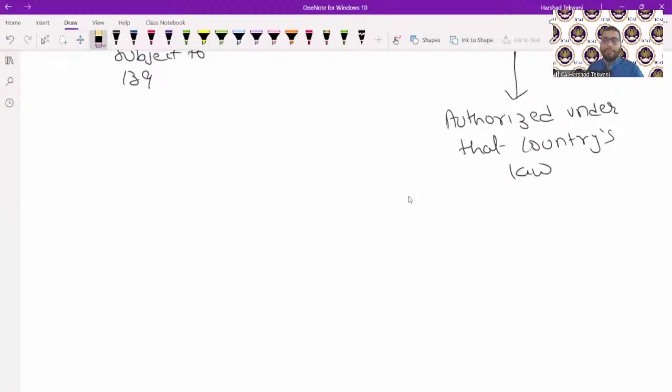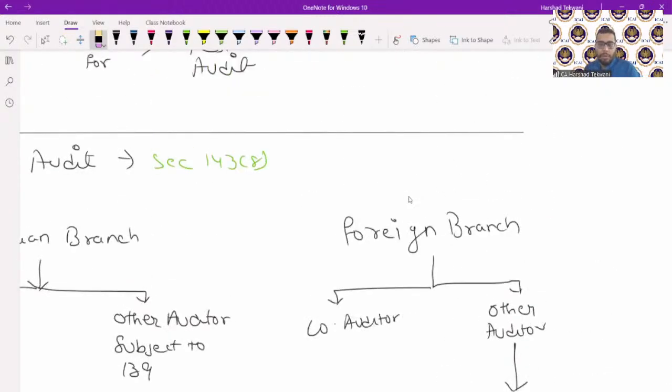Any doubt till now? Any doubt? Yes, Jay. Audit trail is applicable for all companies. Yes, Jay. Book entries can become prejudicial to the company.